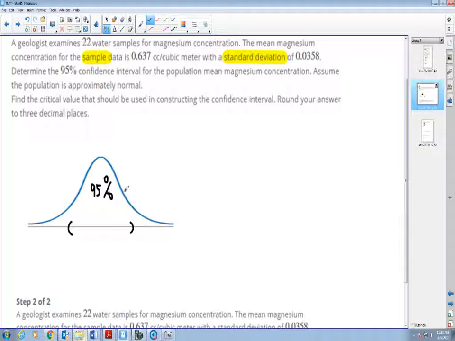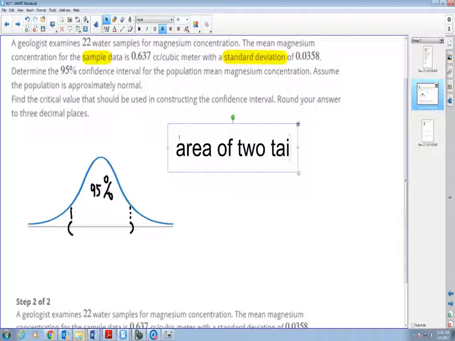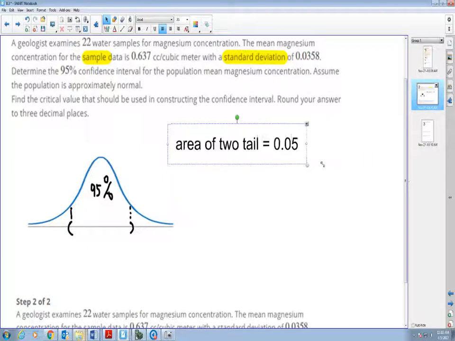So how do I find the t-value? As you know, the 95% is right here in the center. That tells me that the area of the two tails outside the 95% confidence interval has got to be 0.05.